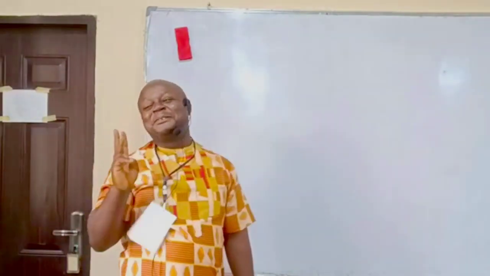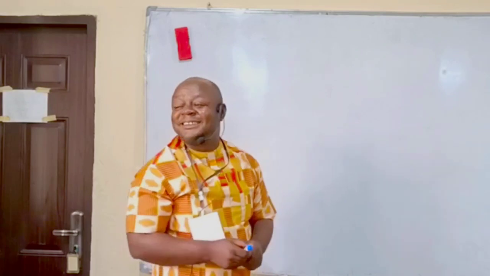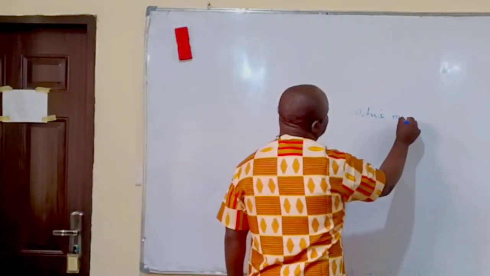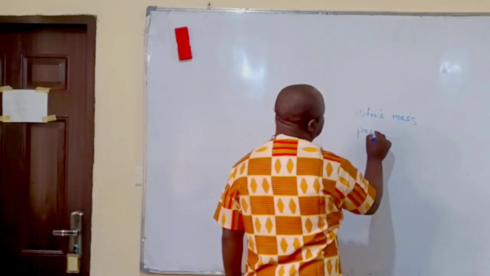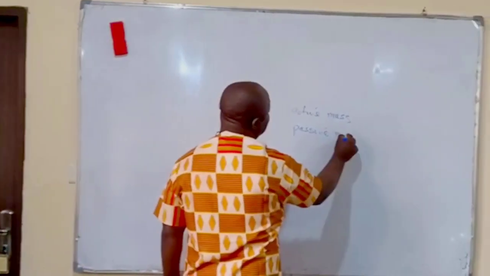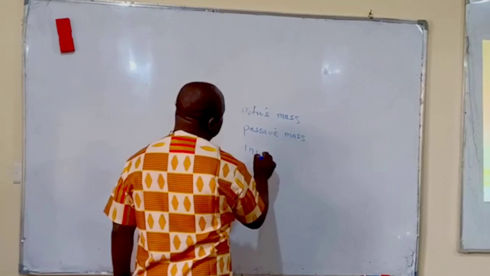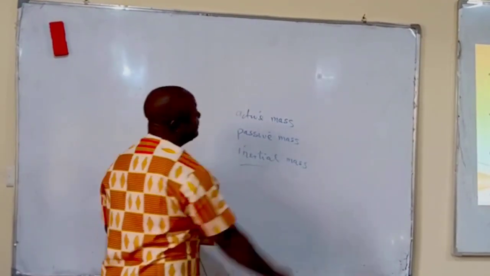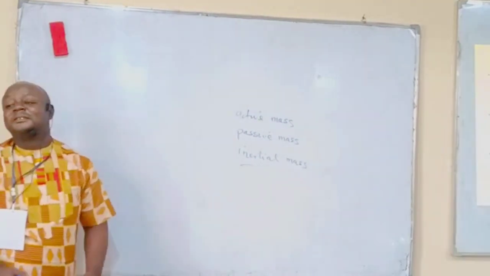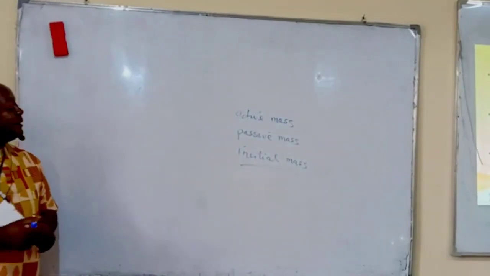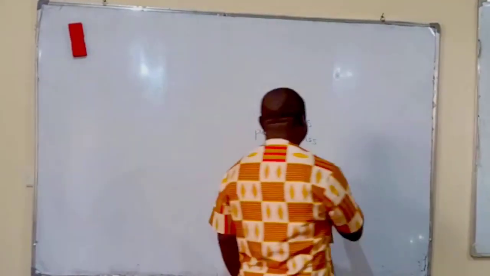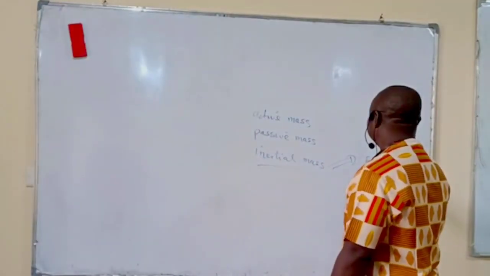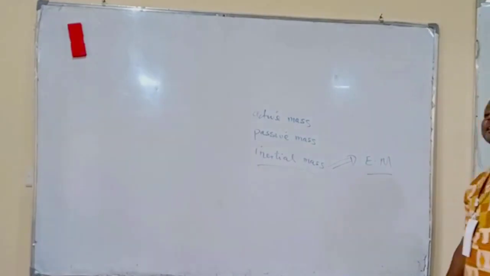Actually, there are 3 types of mass. There is what we call active mass. There is passive mass. And there is initial mass. So initial mass is the mass of an object in an electromagnetic field.